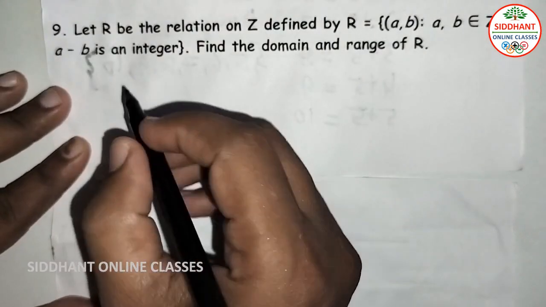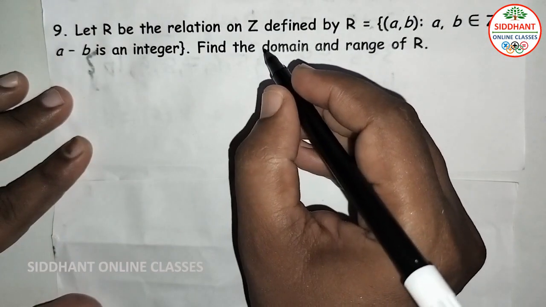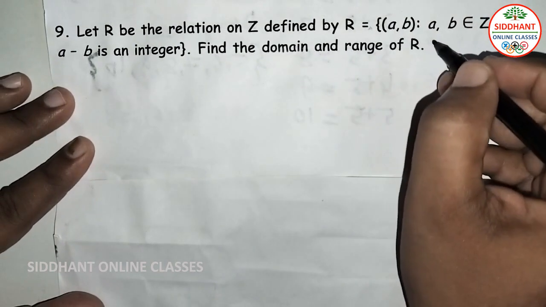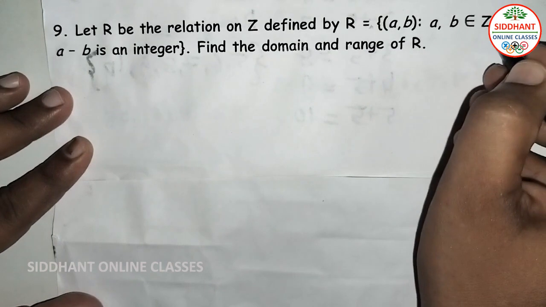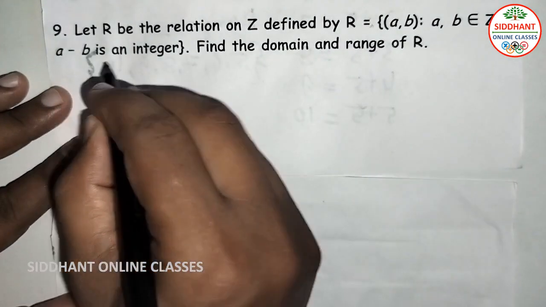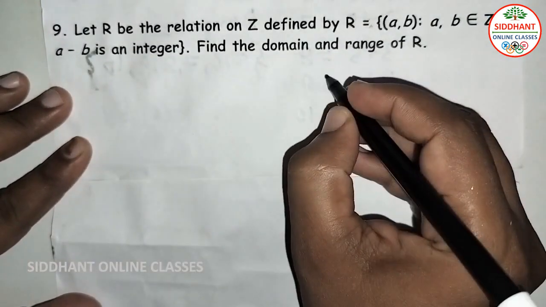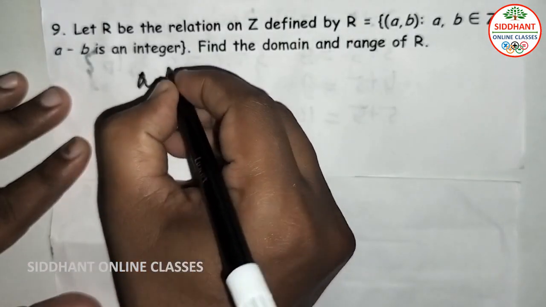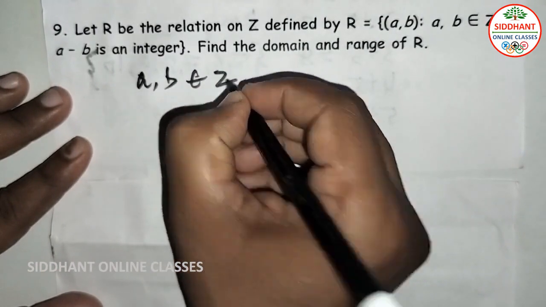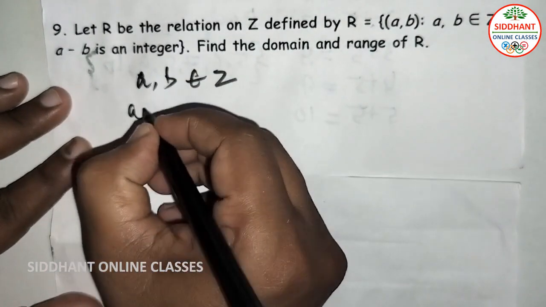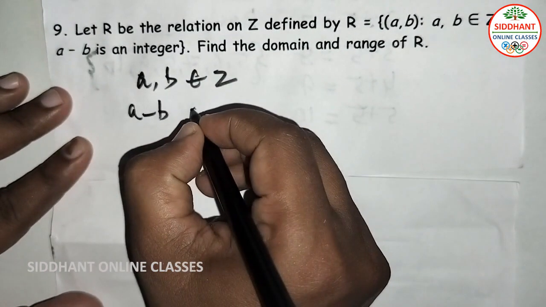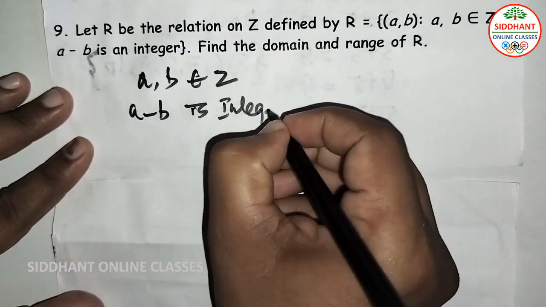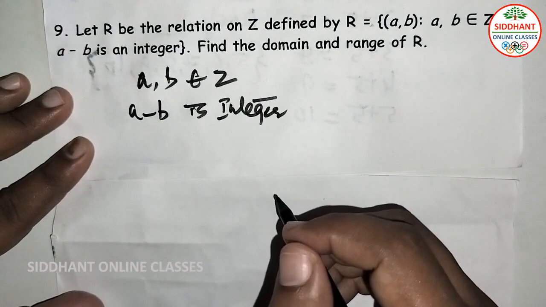Question number 9. Let R be the relation on Z defined by R = {(a, b)} such that a, b belong to Z and a minus b is an integer. Find the domain and range of R. Here the given data is a, b belong to integers and a minus b is an integer.